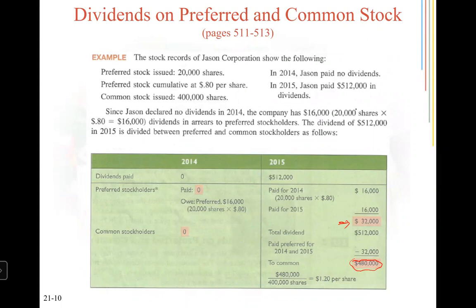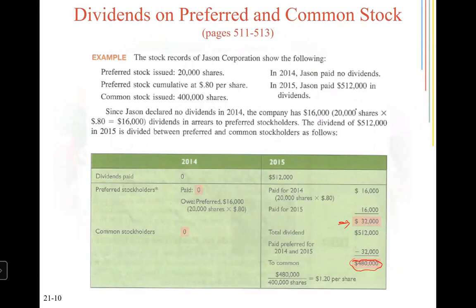Since they have 400,000 shares of common stock, you divide the 480,000 by 400,000, and so each of those shares would be valued at $1.20.